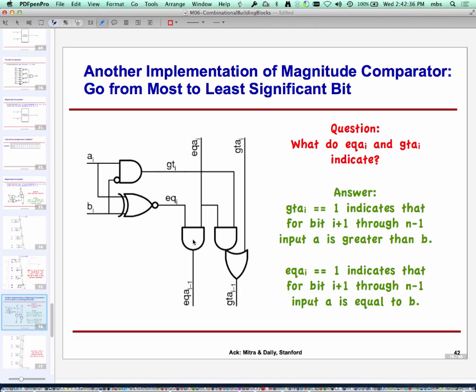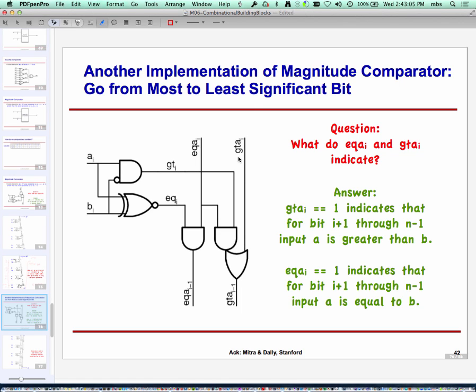This is saying that bit number I will tell bit number I minus 1 that I through n minus 1 are equal if bit I is equal and bit I plus 1 told that everything above was equal. So the upper bits are equal and I am equal, then I tell the next bit also that everything is equal. And the greater than has the same logic.